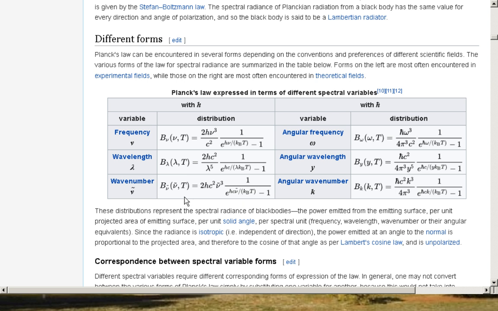And it seems like there's a formula here, but I'm not worried about it. This frequency variable, Planck's law expressed in terms of different spectral variables. T is the temperature. I don't know what B is.